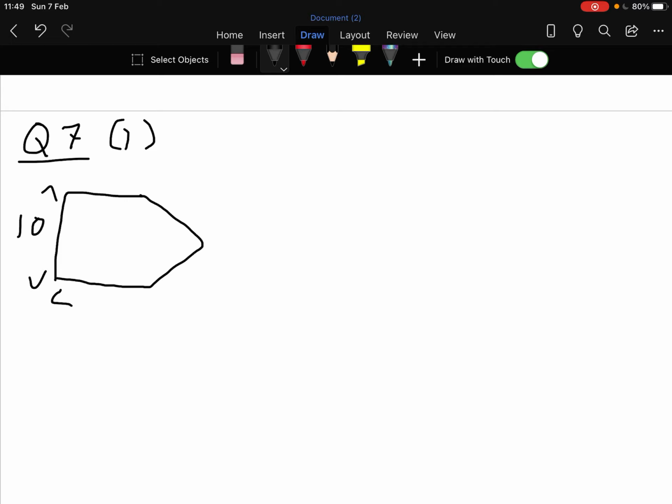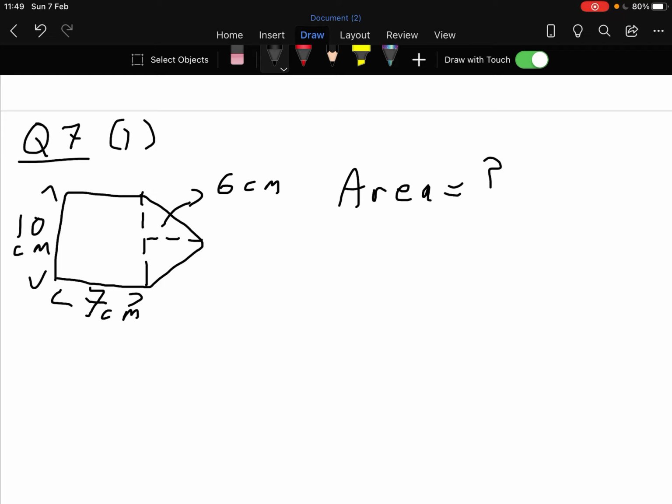We're told that this is 7 centimeters. Okay, and we're told that there's a line dash here and a line dash there, and we're told that this is 6 centimeters. Okay, and you're asked, find the area. So we have to find the area of this.